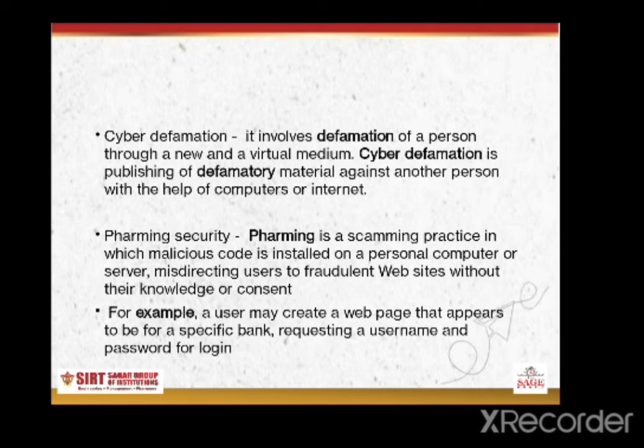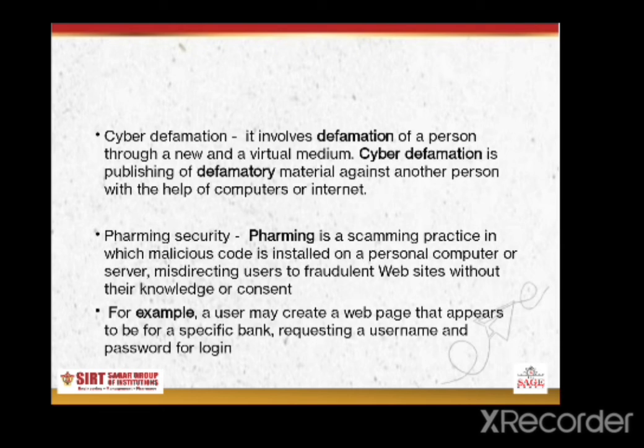Now cyber defamation, there are two words: cyber and defame. Cyber defamation is the publishing of defamatory material against another person with the help of a computer or the internet. Now pharming security: it is a scamming practice in which malicious code is installed on a personal computer or server, misdirecting users to fraudulent websites without their knowledge or consent.